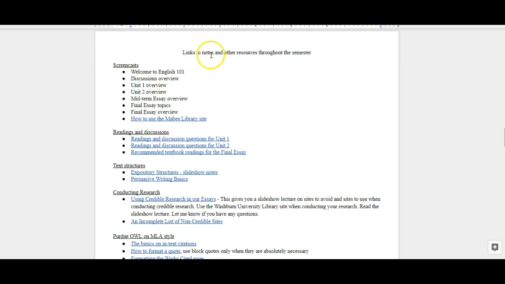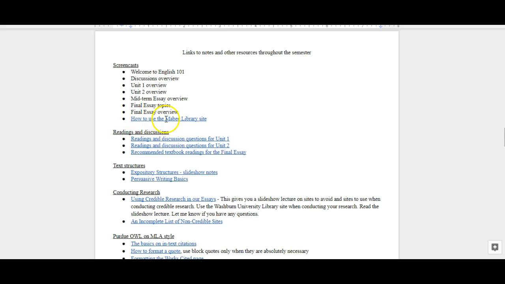We also have a page dedicated to notes and other resources throughout the semester. Notice all of our screencasts at the moment are not hyperlinked because, well, we're recording them right now. So you should have, by the time you see this, all of these highlighted on your syllabus, and you should be able to go through them.